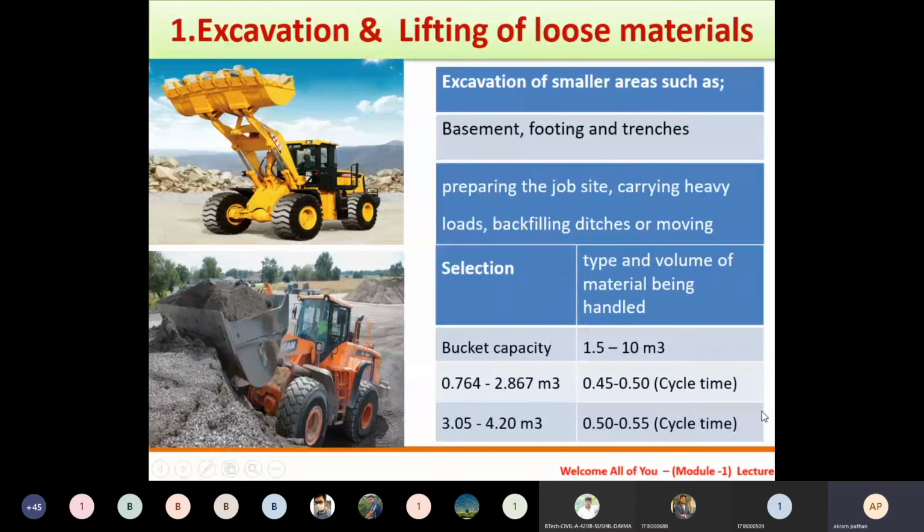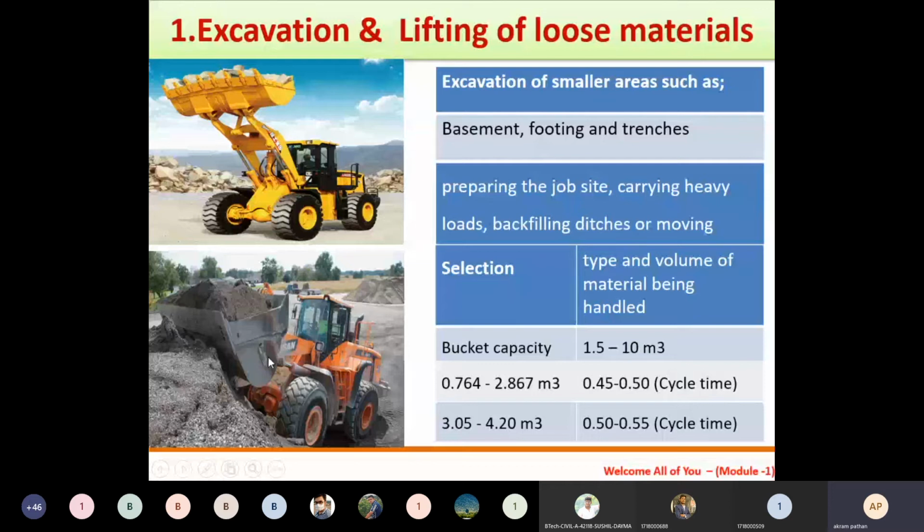So the cycle time is very important to carry out our actual construction cost. And if you want to reduce the actual construction cost, you have to take into consideration this cycle time. So cycle time plays an important role while unloading and loading the particular material.